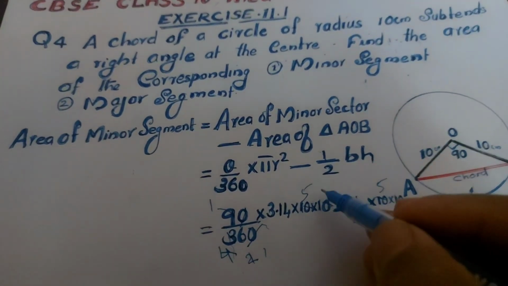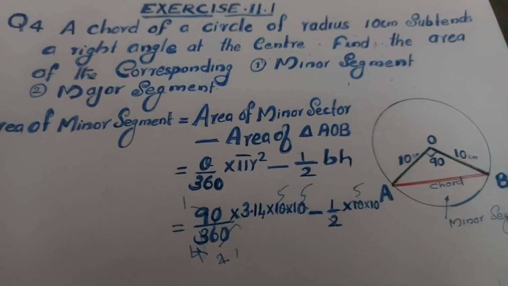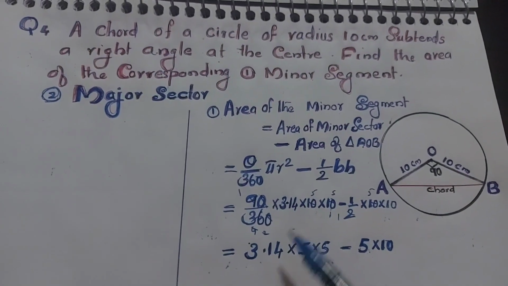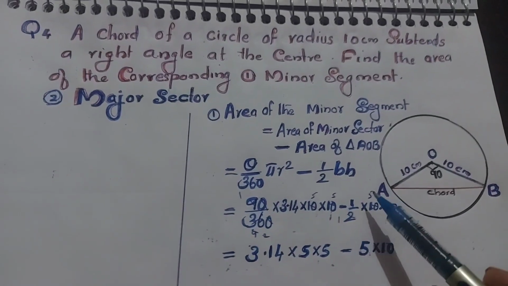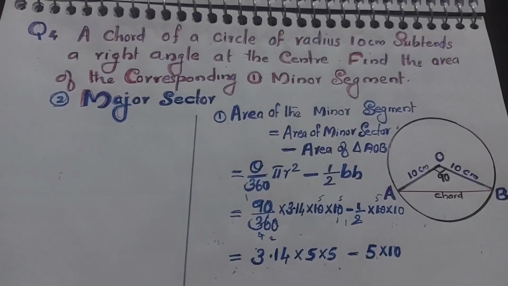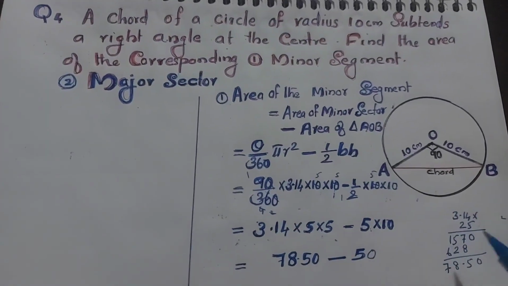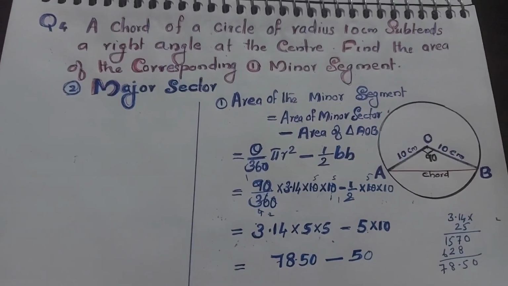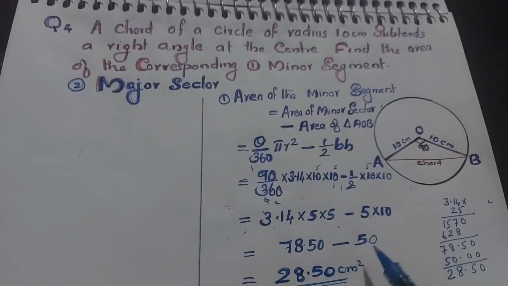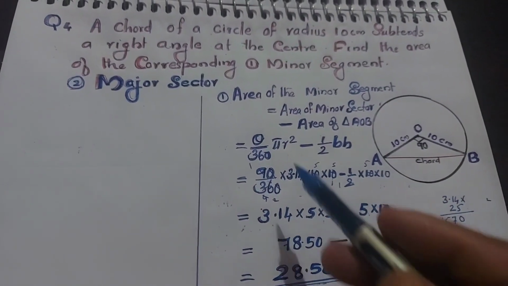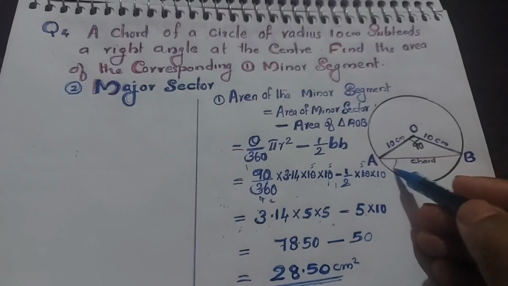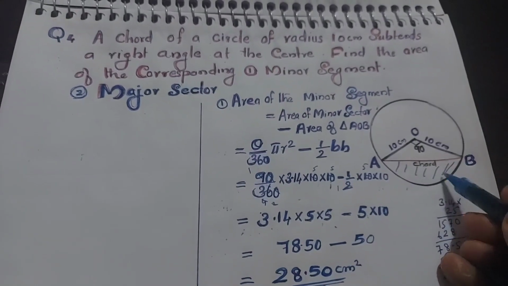The balance equation is 3.14 into 5 into 5, minus 5 into 10. 3.14 into 5 into 5 is equal to 78.50, minus 50. So subtract: 28.50. This is the area of the minor segment below the chord AB.